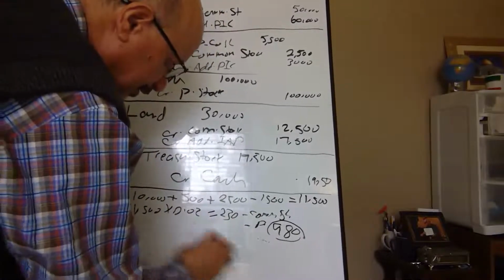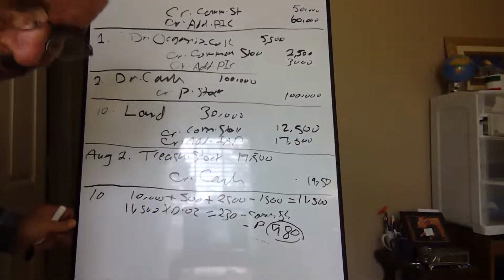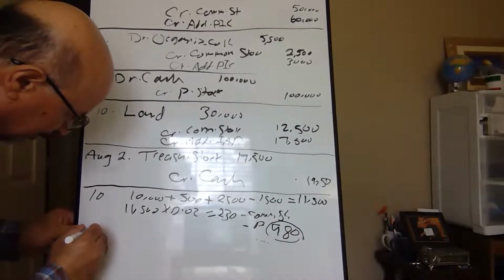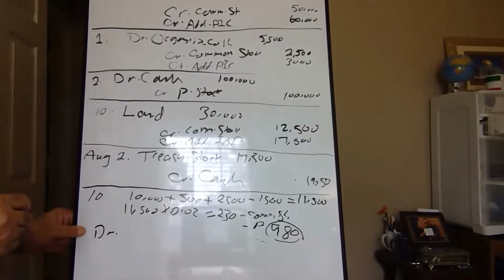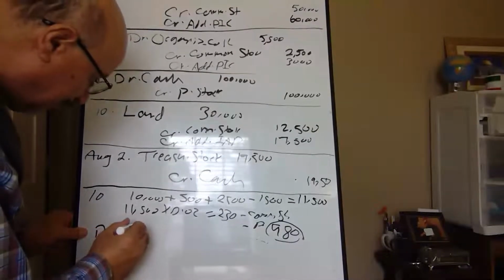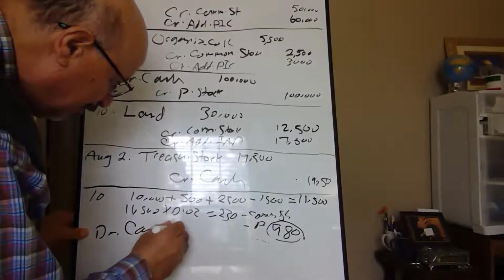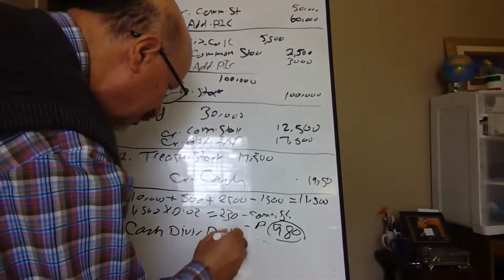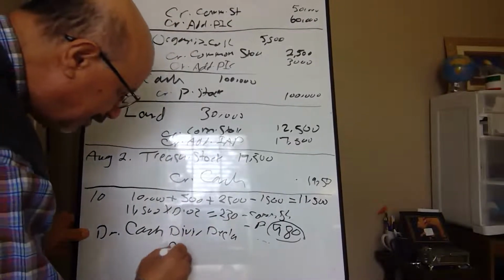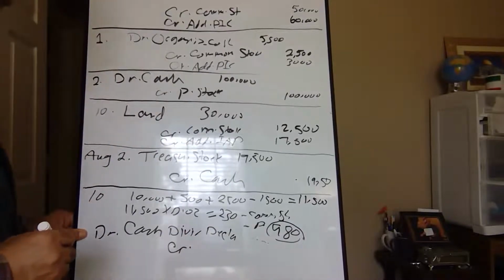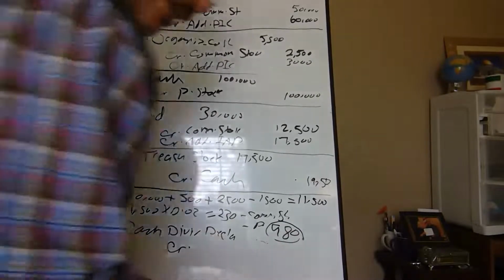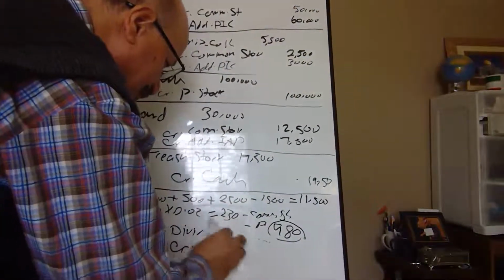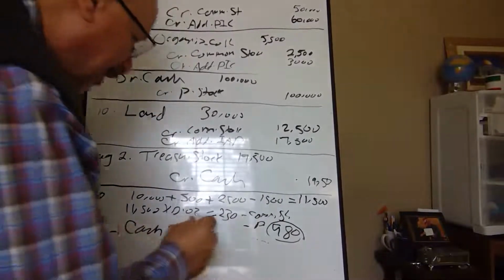And so on the payment date, we're going to debit cash dividends declared, and we're going to credit cash because it is payment. Oh, I'll take it back, guys. I'm sorry for that. No, cash dividends payable. We're going to debit cash dividends payable.